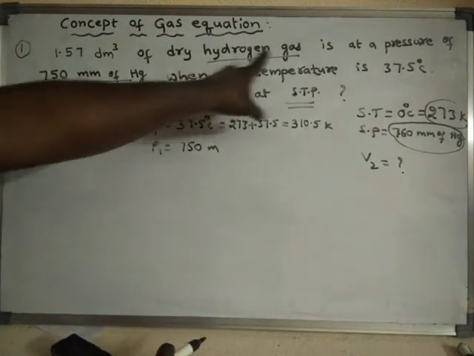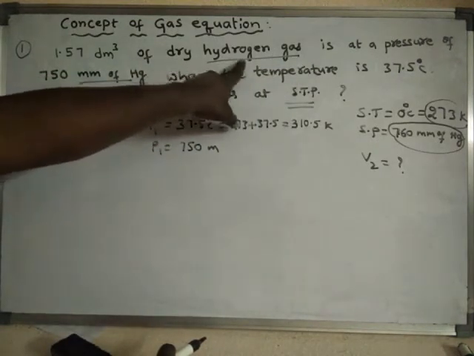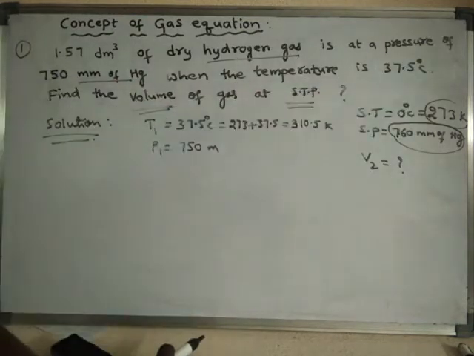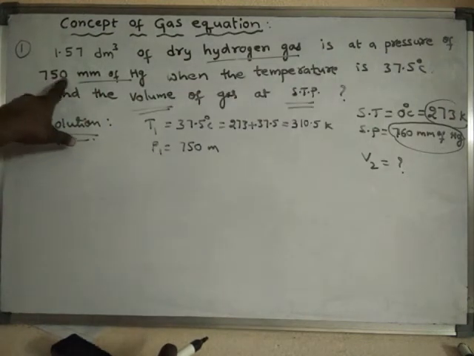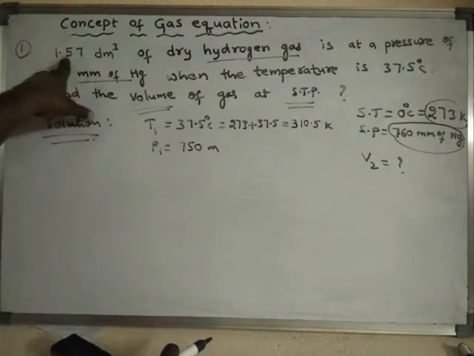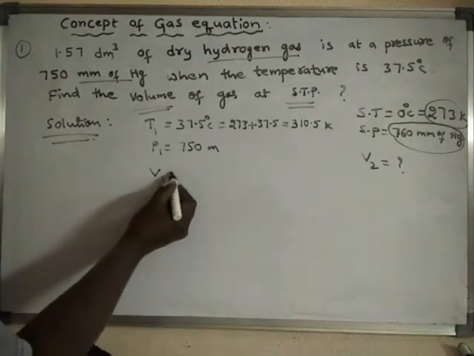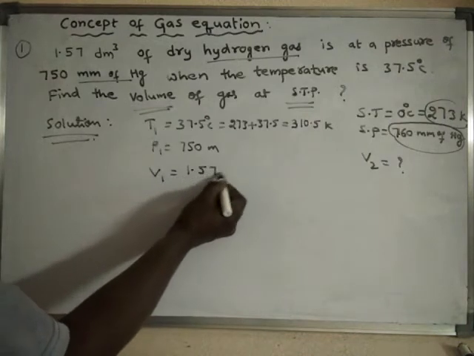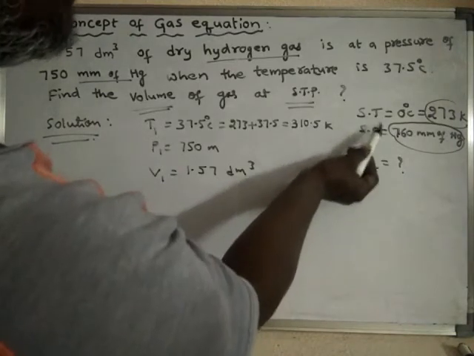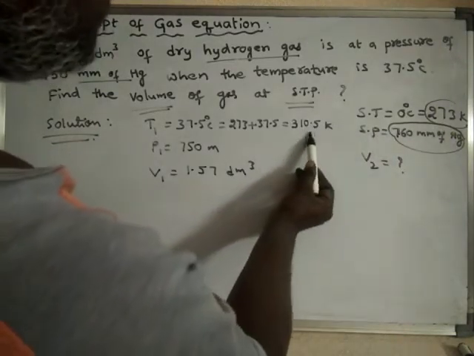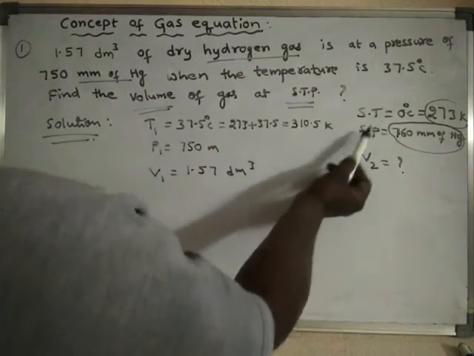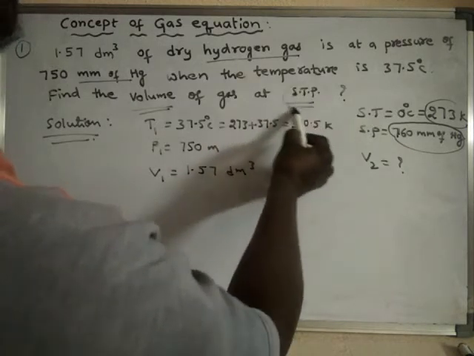According to the given data, hydrogen gas is present at this initial temperature and this initial pressure, and under these conditions the volume is 1.57 decimeter cube. Now the temperature and pressure have changed to the new conditions, given as STP.